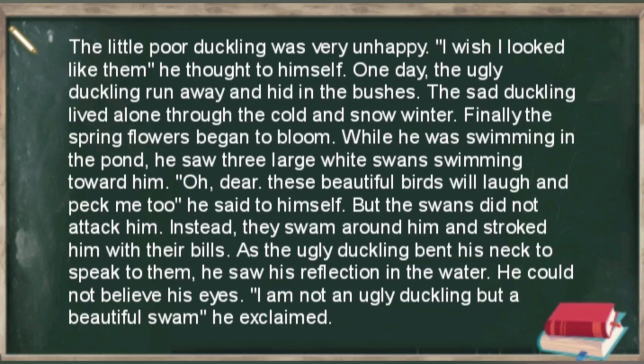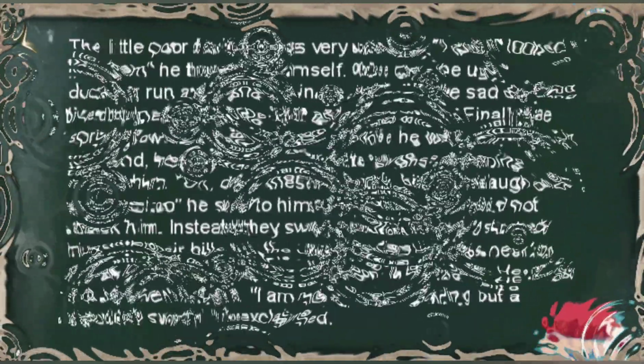The poor little duckling was very unhappy. "I wish I looked like them," he thought to himself. One day, the ugly duckling ran away and hid in the bushes. The sad duckling lived alone through the cold and snowy winter.